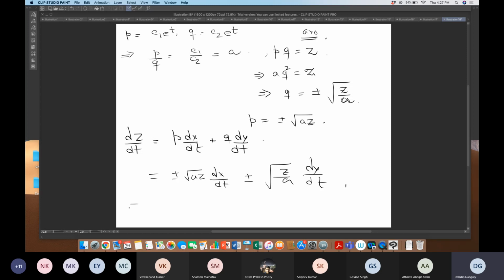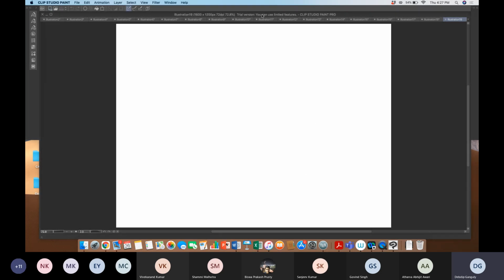If you divide by root Z, that is dz by root Z is equal to plus minus root A dx by dt plus minus 1 by root A dy by dt. Now integrate. By integrating we get 2 root Z is equal to plus minus root over AX plus Y root A plus some integrating constant C3.